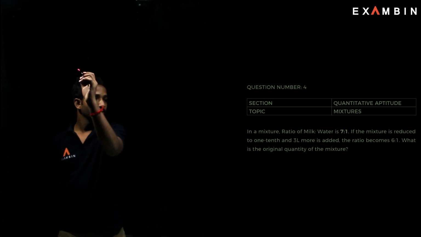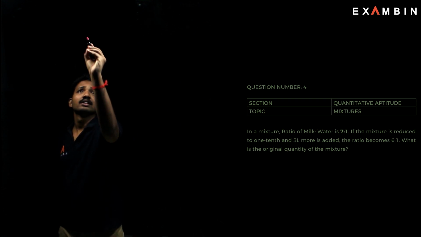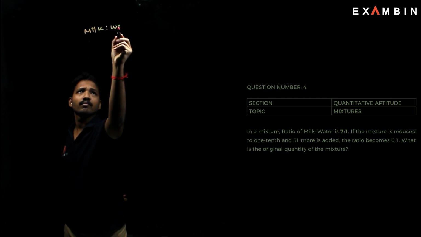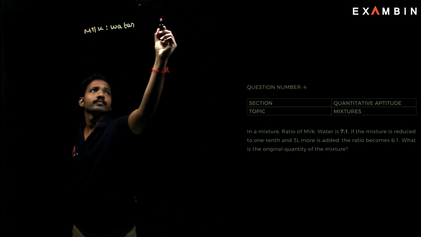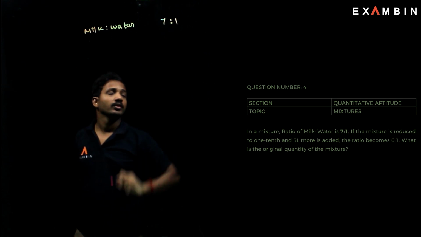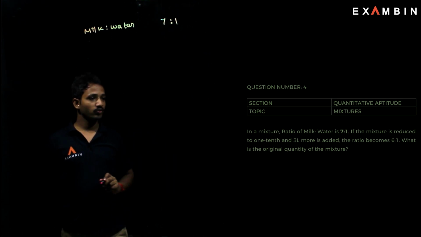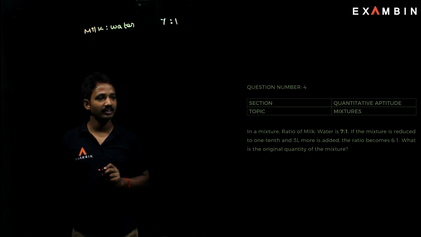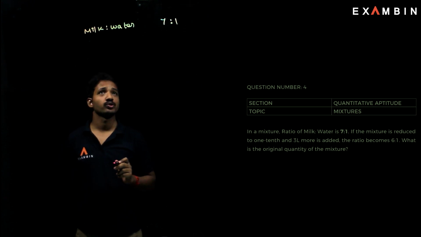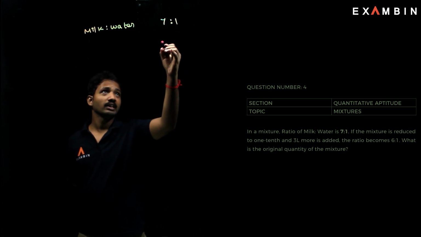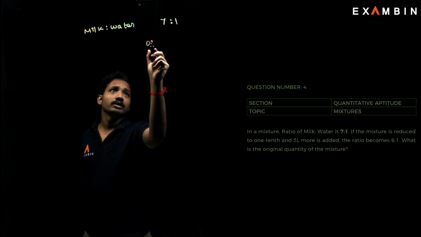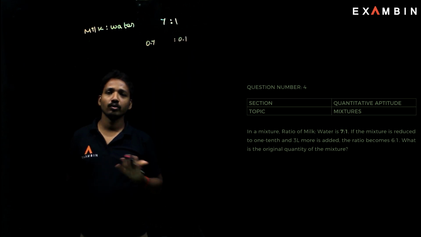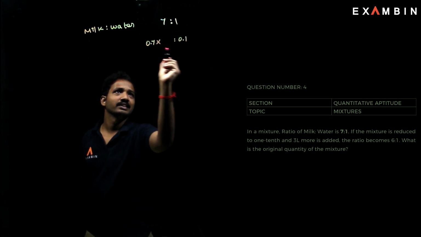So the given values are ratio of milk is to water is 7:1. So this is reduced to 1/10 and 3 liter of milk is added so that the ratio becomes 6:1. So this is reduced to 1/10 means this will become 0.7 and this will become 0.1. So we don't know the quantity, so I'm adding x here.